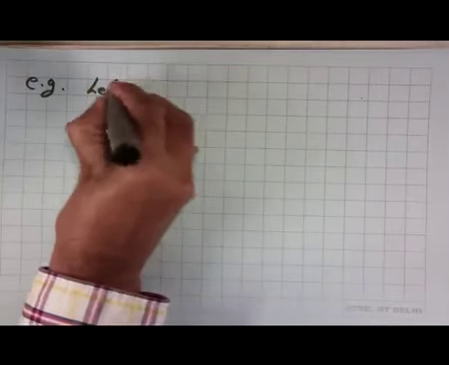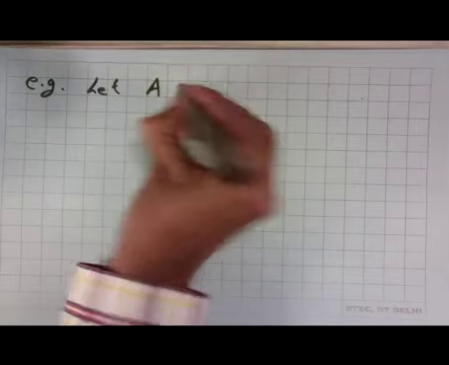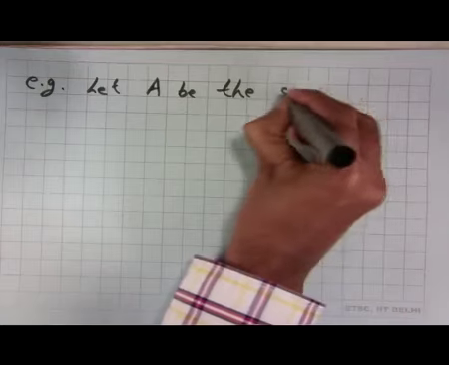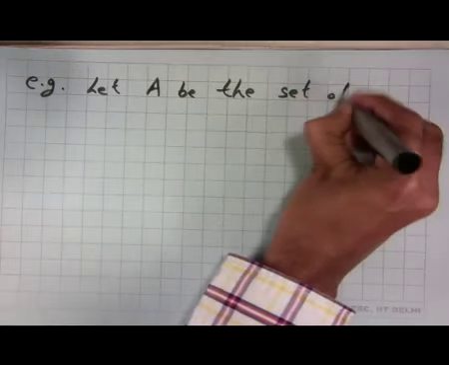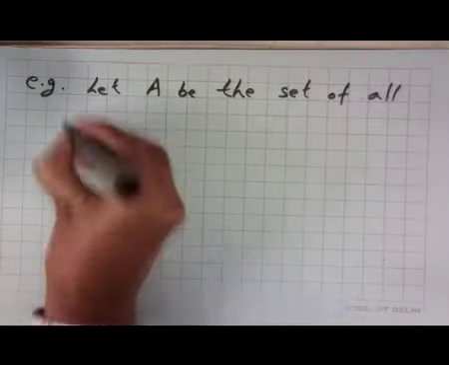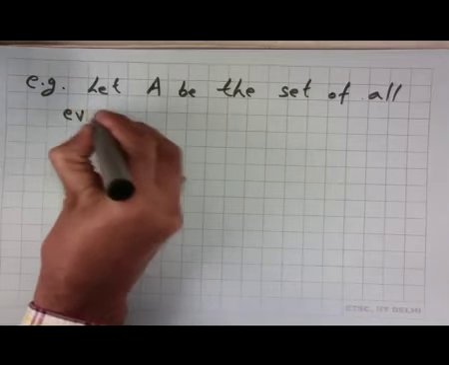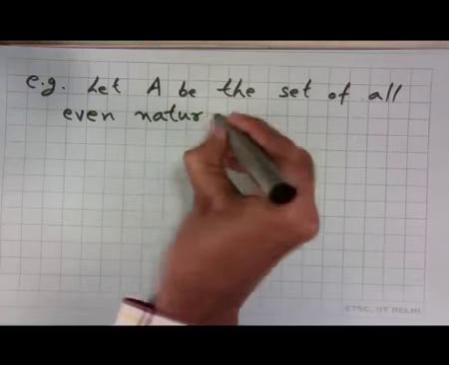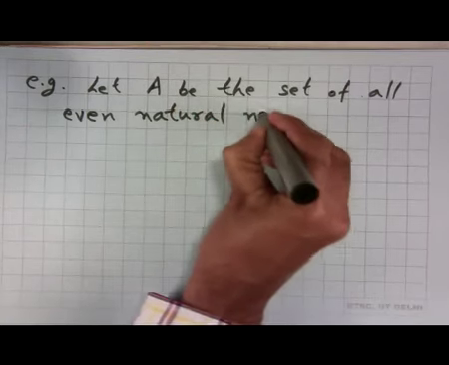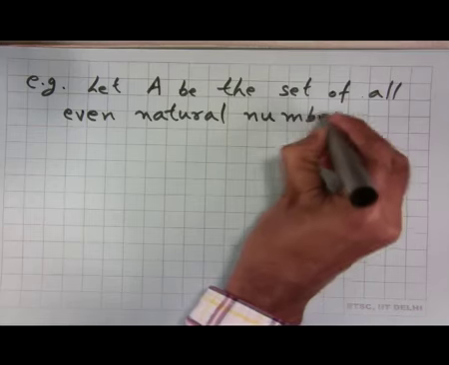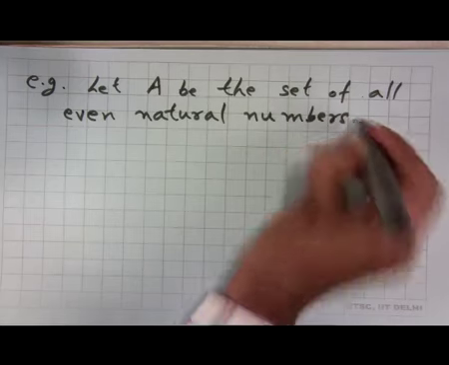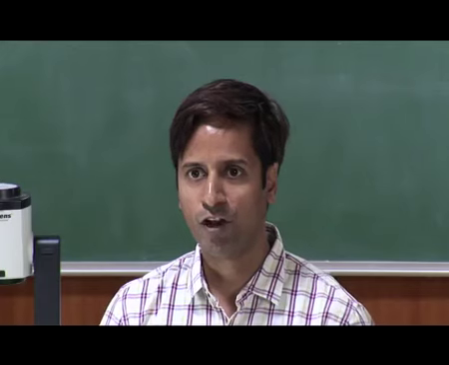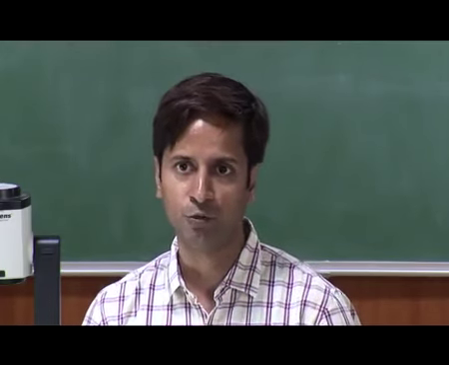So, for example, let A be the set of all even natural numbers, which means that A is the collection of all natural numbers which are divisible by 2.